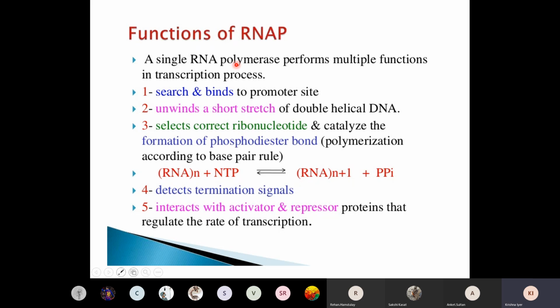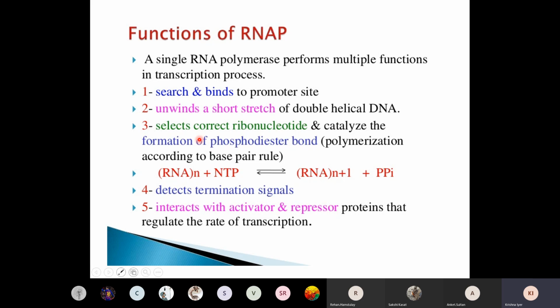The second thing it does is, after binding to this region, it unwinds a short stretch of double helical DNA, because DNA is normally present as a double helix. And then at that portion where the DNA has been separated, it reads one of the strands as a template and starts making the complementary polymer.